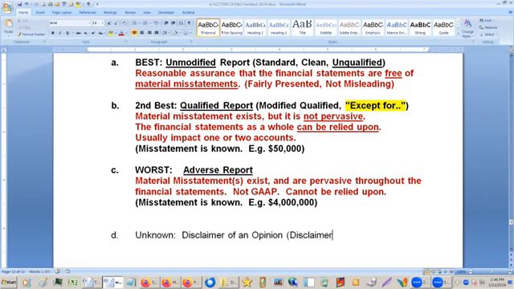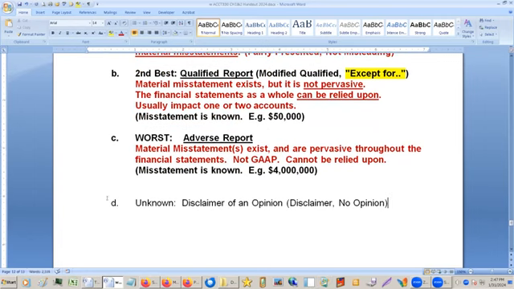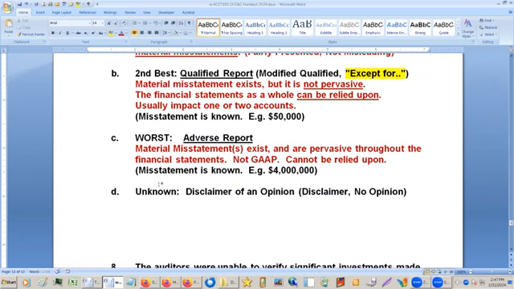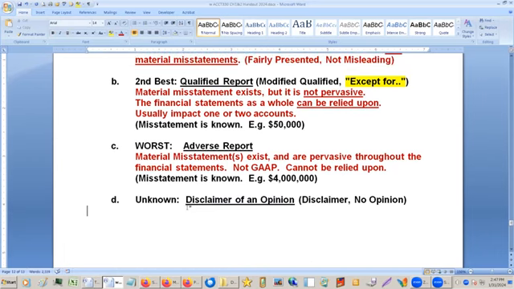That is called a disclaimer. And this is no opinion.